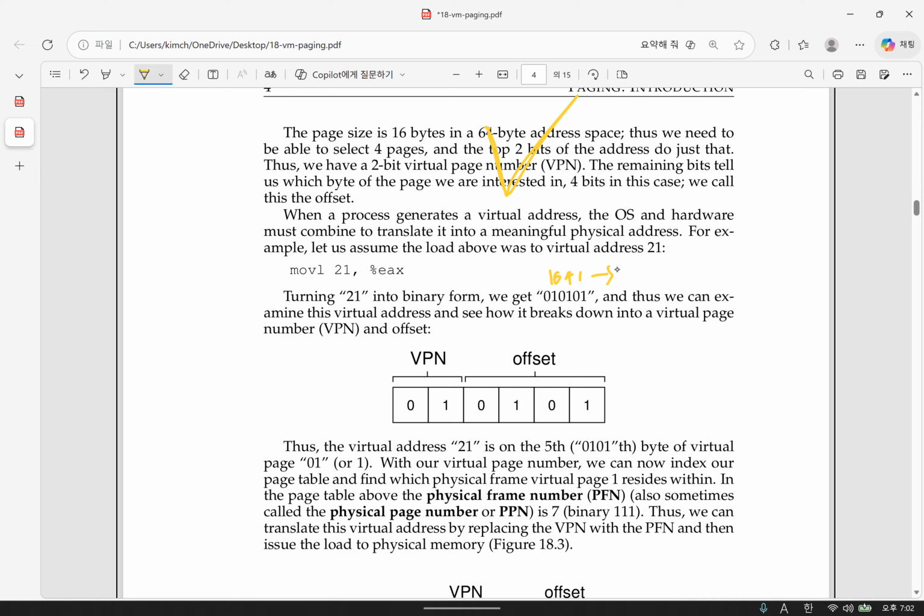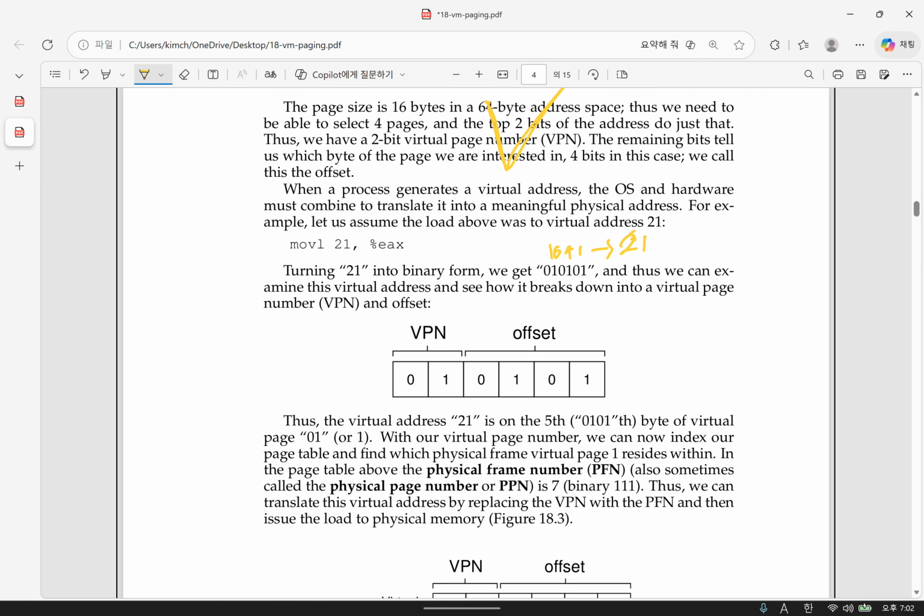Add them all up and it becomes 21. And we can examine this virtual address and see how it breaks down. We have the VPN at the first and the offset at the end.